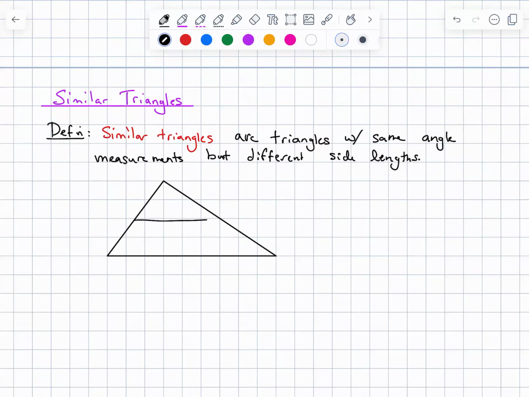And then I will draw a line that is parallel to the base. So in fact, there are actually two triangles in here. There's this triangle.